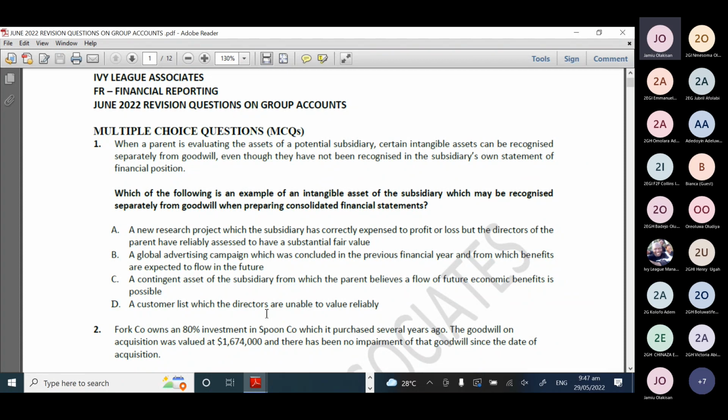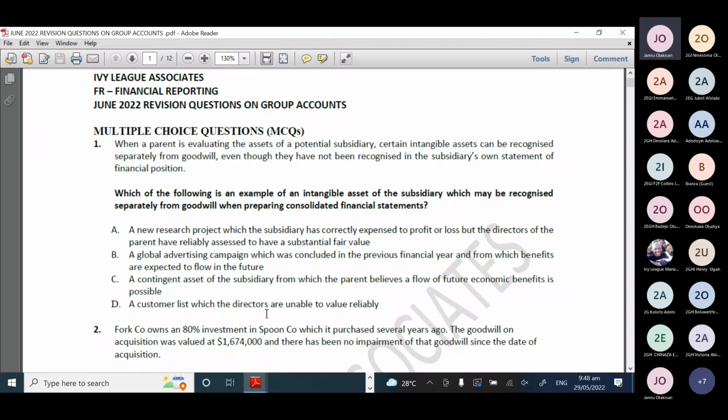Retrospectively, which means in month 7 after the date of acquisition. If something you were unable to measure reliably 7 months ago, at the date of acquisition, you later discover in month seven that now you are able to measure it reliably. Since it's still within that period of 12 months, which is what we call measurement period, you can adjust retrospectively and recognize it.